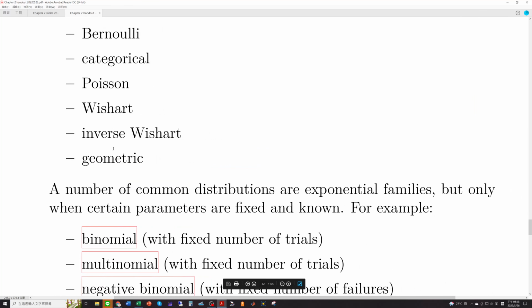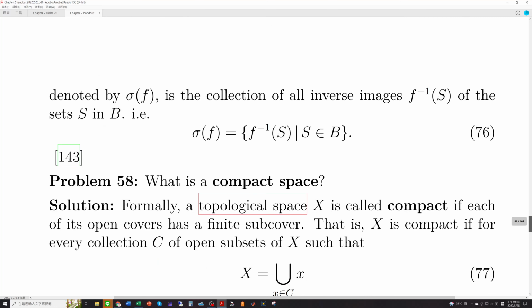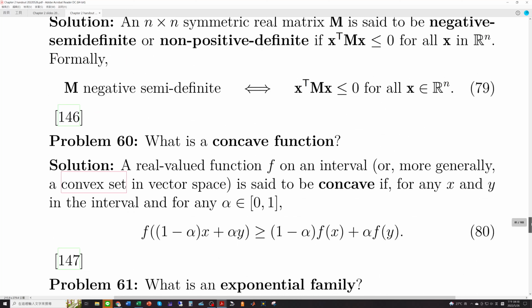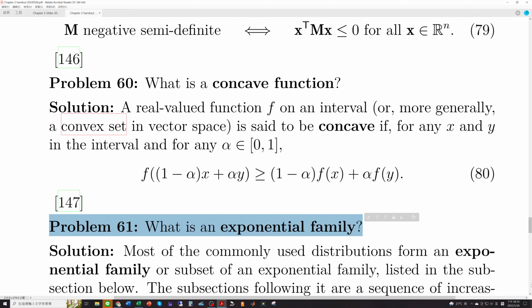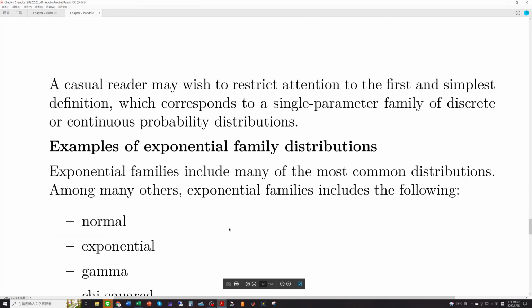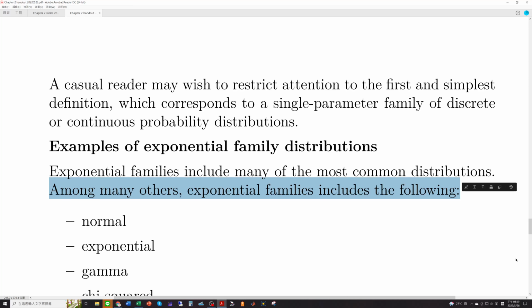Okay, so what are we talking about? We are talking about the solution to problem 61. What is an exponential family? And in the last class, we talked about, among many others, exponential families include the following.